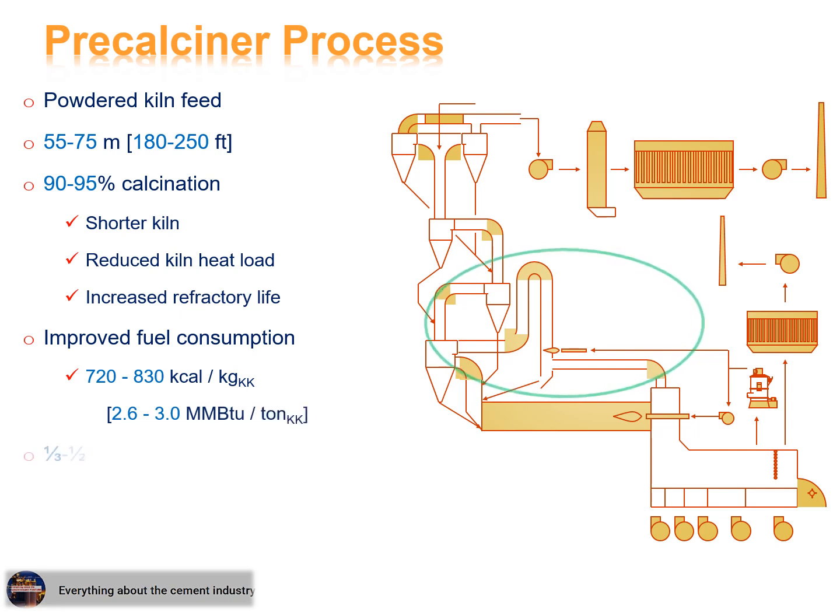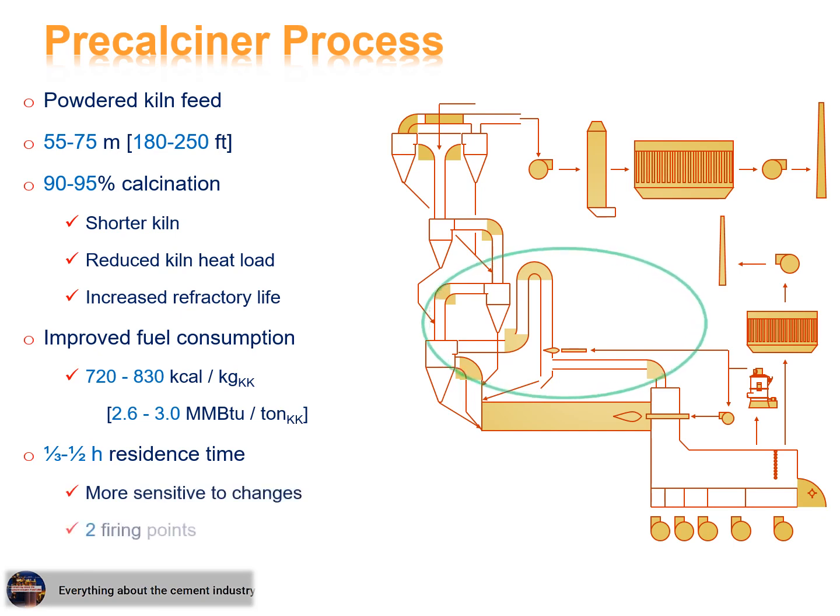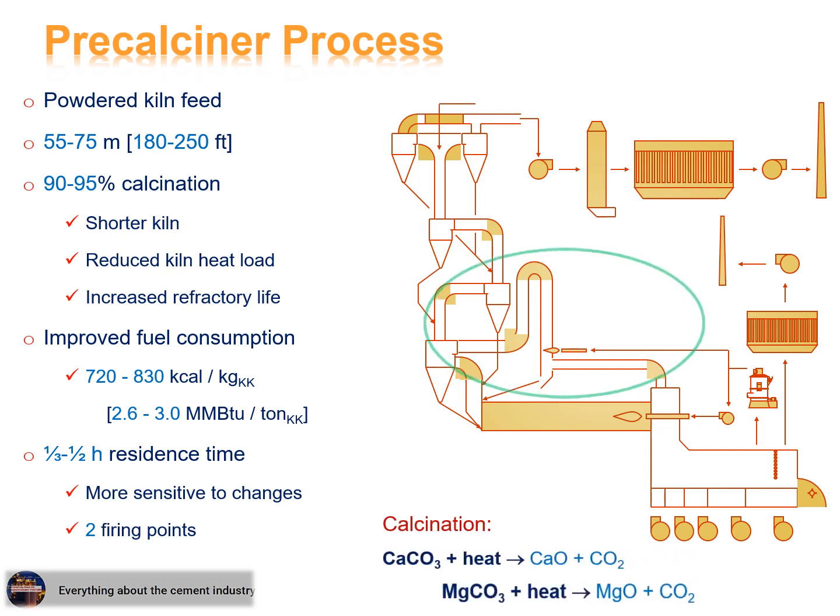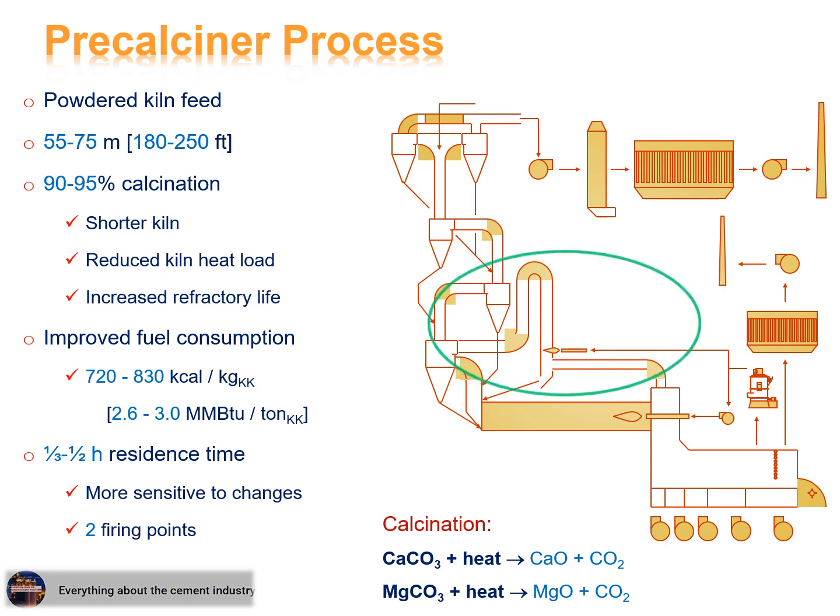A third to half an hour residence time. More sensitive to changes. 2 firing points. Calcination: CaCO3 plus heat equals CaO plus CO2. MgCO3 plus heat equals MgO plus CO2.